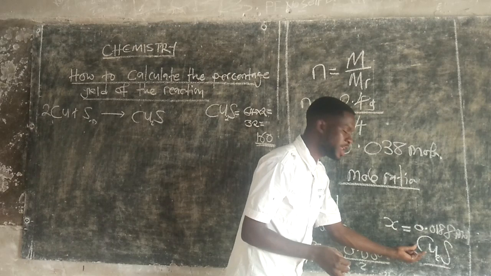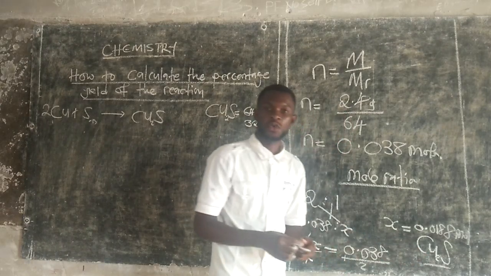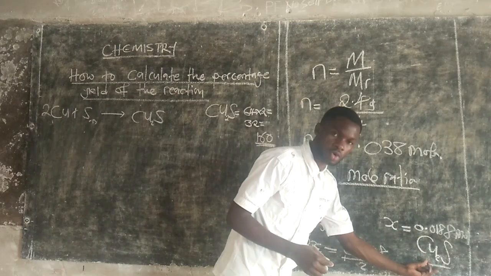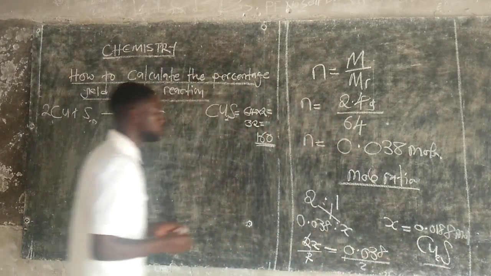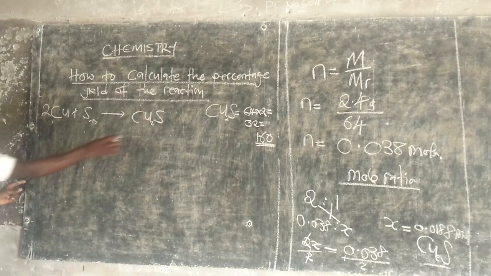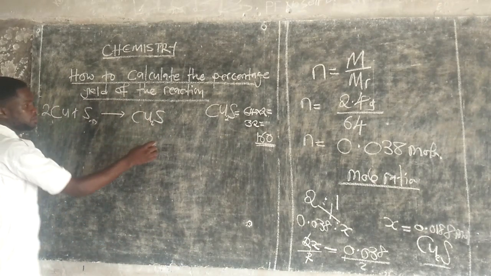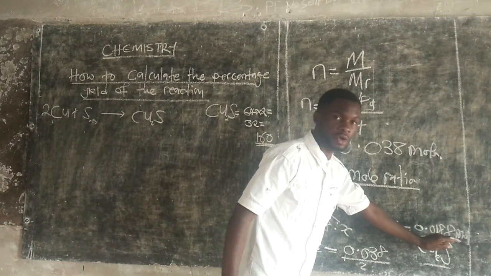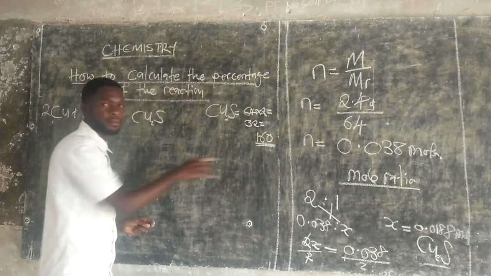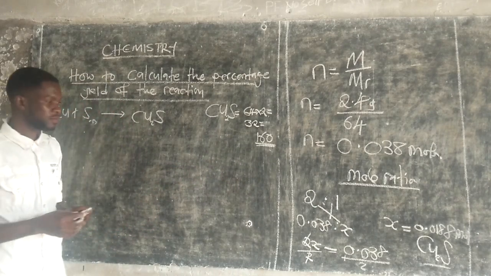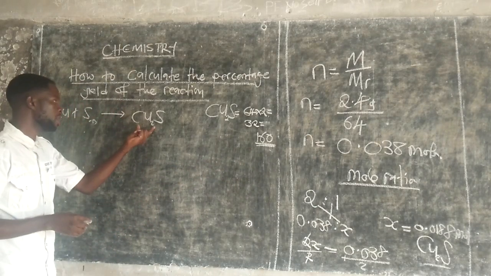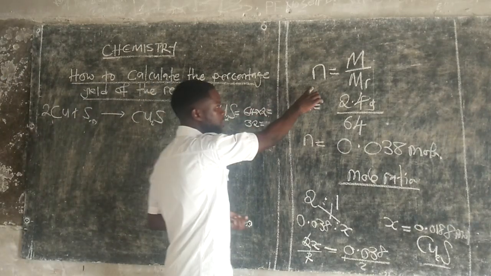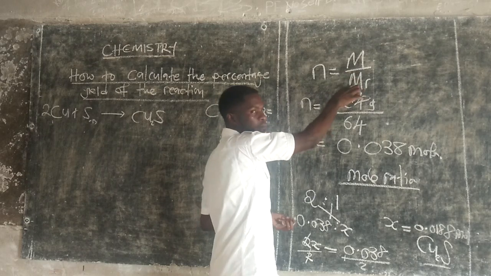Okay, now that we have the number of moles for copper sulfate, we can calculate the grams of this compound called copper sulfate. So we are going to state that the number of moles for this one is 0.0188 moles. Then we are going to use the same number of moles to calculate the mass for copper sulfate. We use the same formula: number of moles is equal to mass over molar mass.